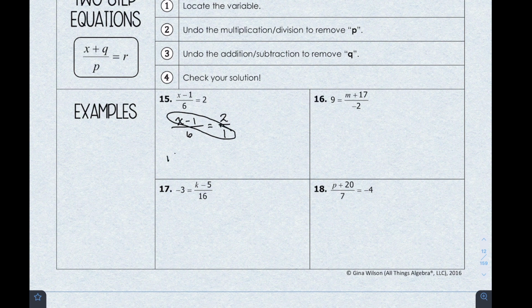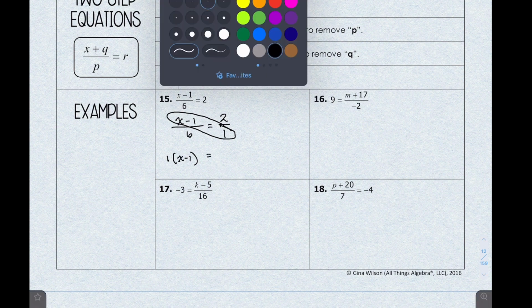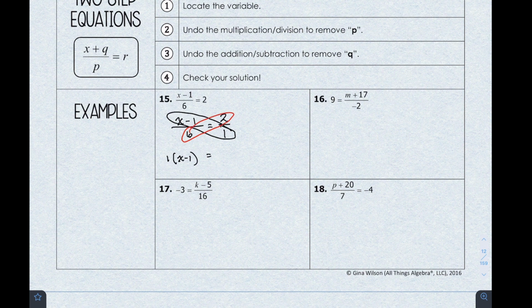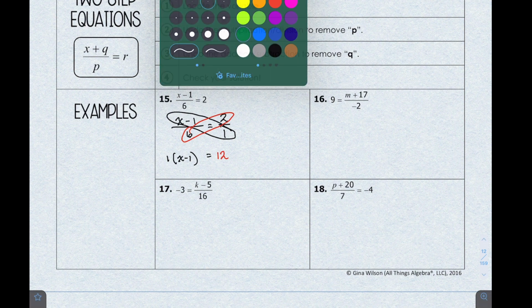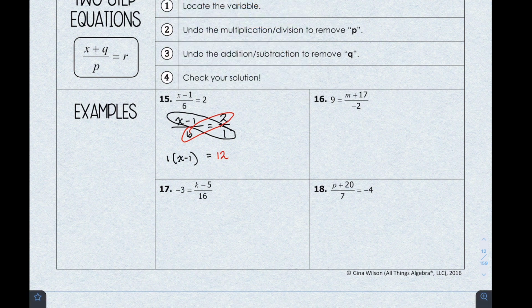So what I'm doing is I'm doing 1 times x minus 1 equals, and I'll switch colors so you see what we're multiplying by, 6 times 2, okay, which is 12. So if I go through and I do my distributing, and it should really always be by 1, I'd get x minus 1 equals 12. Remember, 1 times x, 1 times negative 1. So I'm going to come up here to solve it. Now it's a simple one-step equation. I add 1 to both sides so that x equals 13. That's one way to do it.